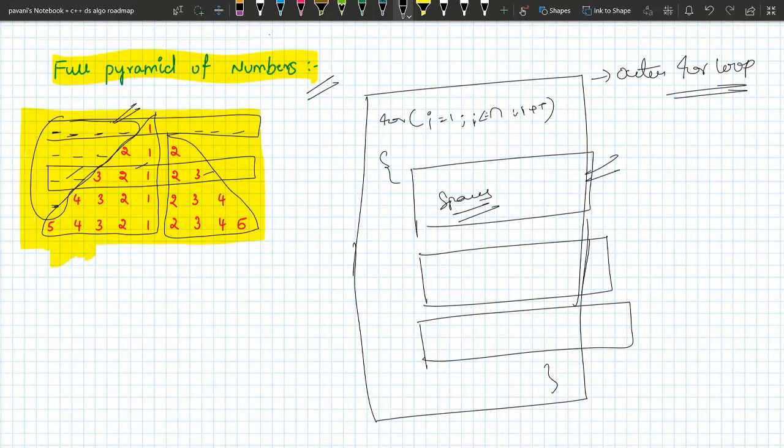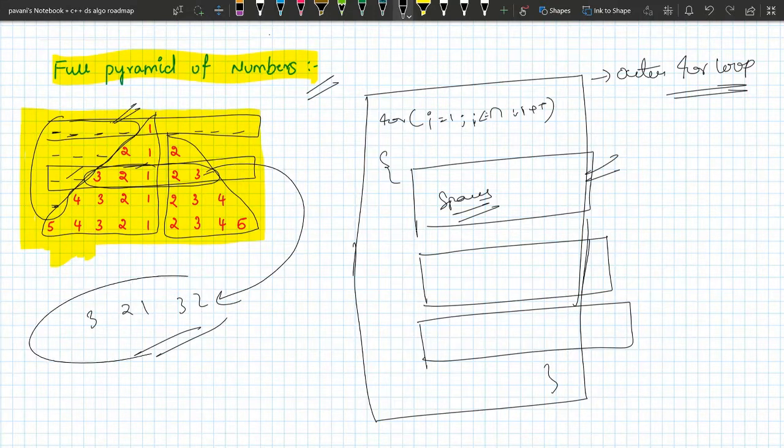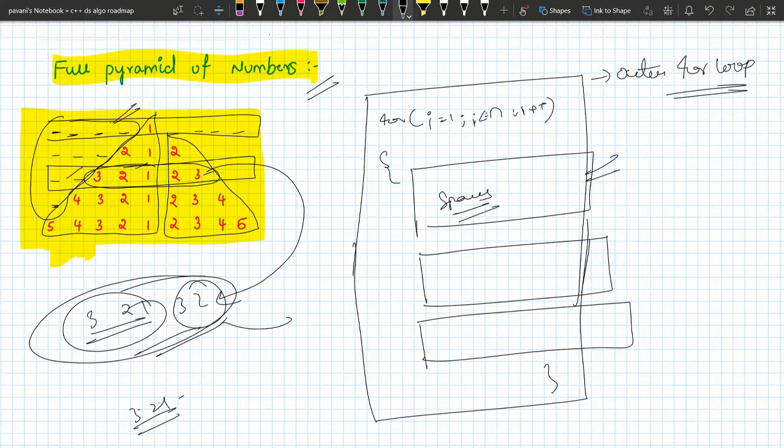These whole numbers cannot be printed at the same time in the same inner loop, because we have no method to print them that way. If you take these numbers as a whole, it doesn't make sense, right? If we take this part, we can print 3 2 1, and this part, 2 3, that makes sense, but combining them we have no logic.